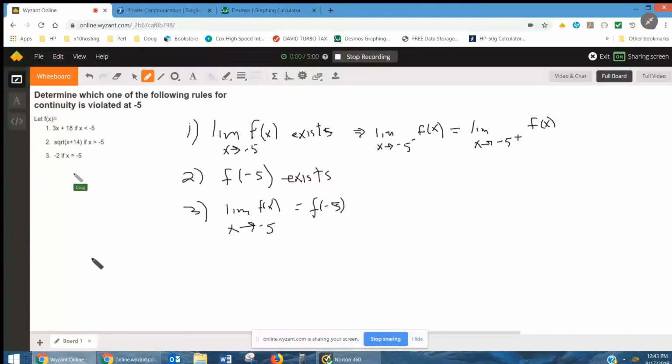Okay, here are the three conditions that have to be true in order for this function, which is a piecewise function, to be continuous at -5.